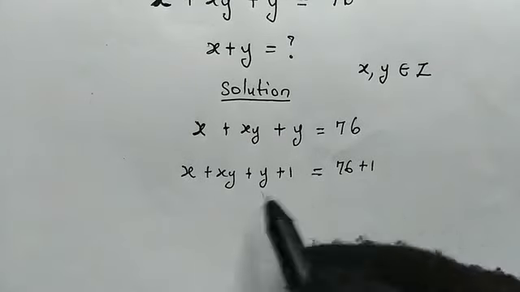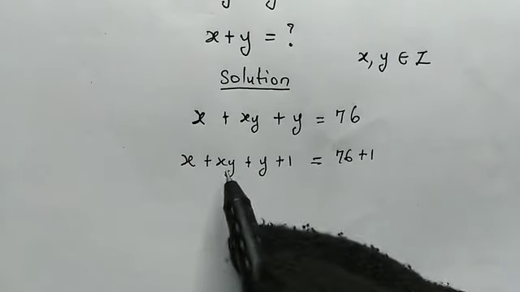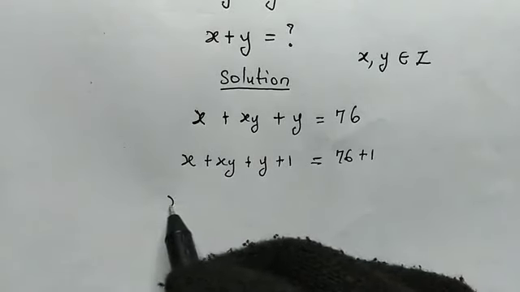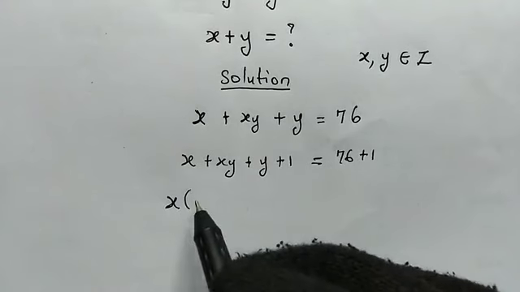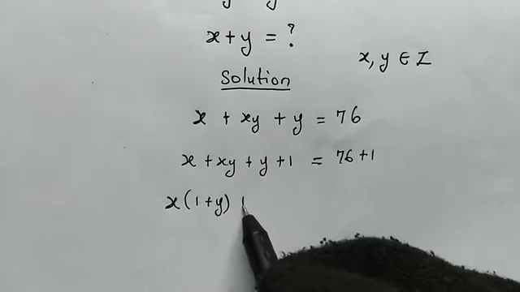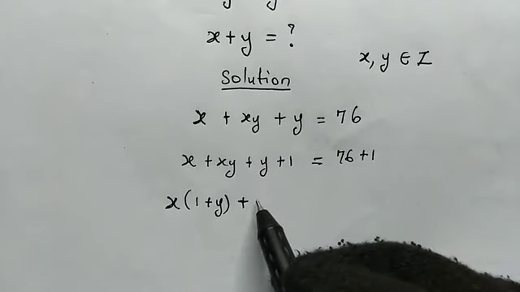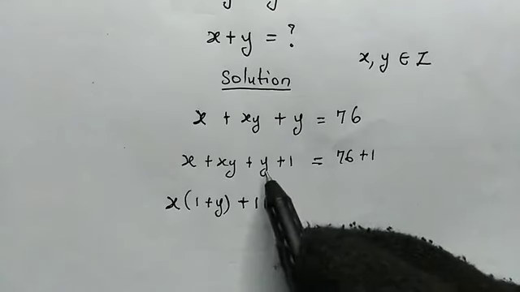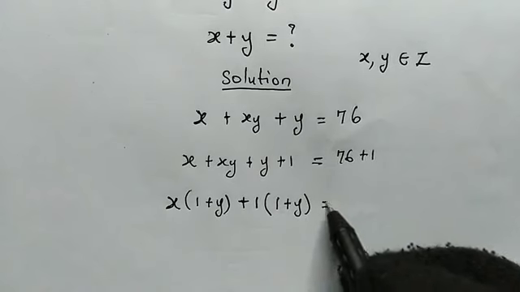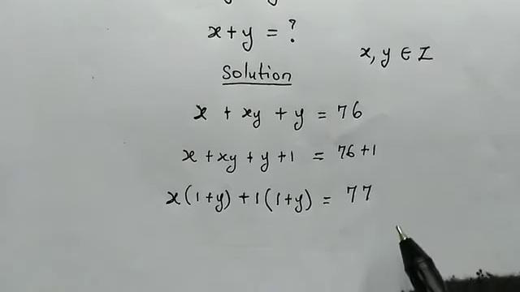Look at these two terms: x is common, so we factor out x, and we have x times (1 plus y). Then for these two terms, 1 is common, so factor out 1, and we're left with y plus 1, which is the same as 1 plus y. This is equal to 76 plus 1, which gives us 77.